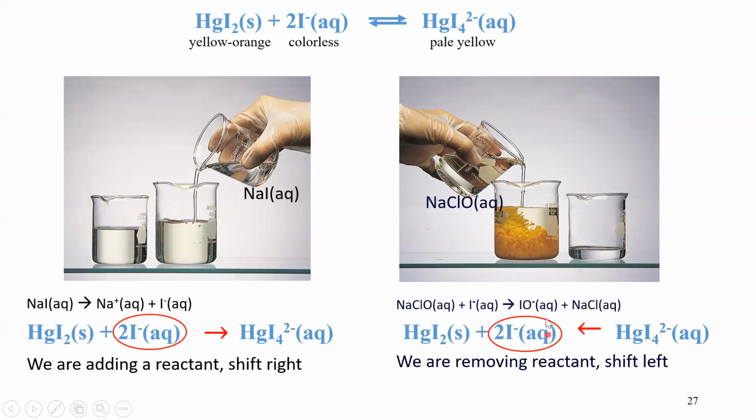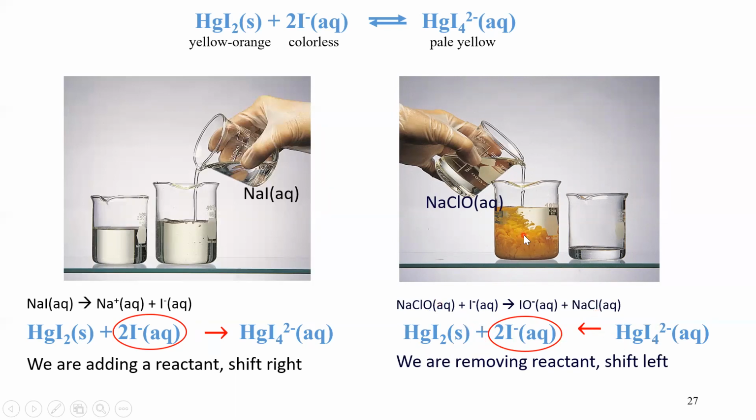Well, if the system's at equilibrium and we decrease a reactant, the system's going to shift towards the left to reestablish equilibrium. So we're going to have more solid being formed, and we're going to have less ions in solution.